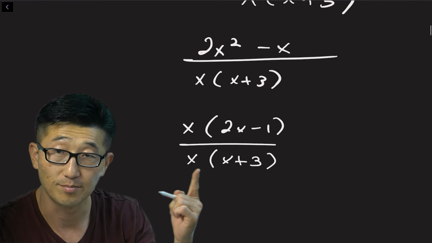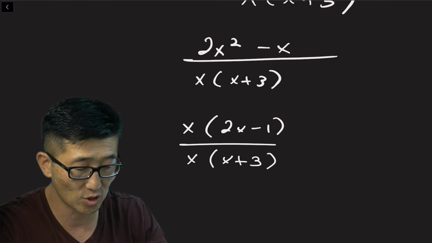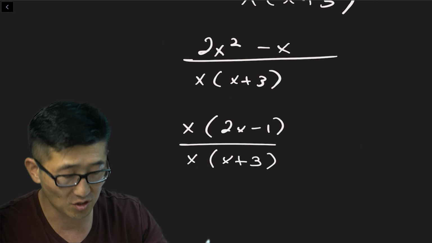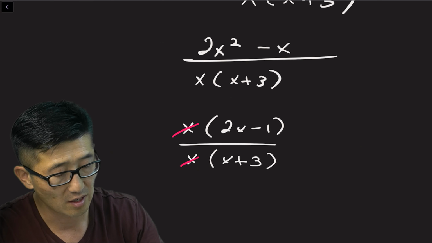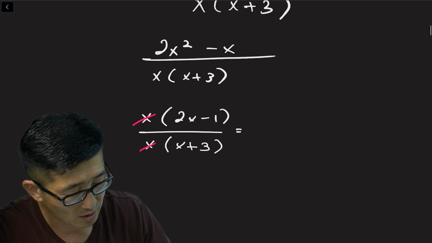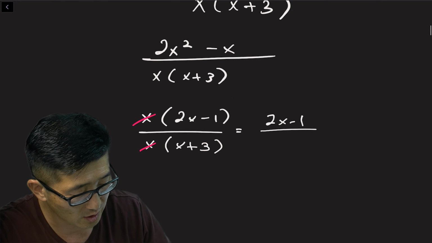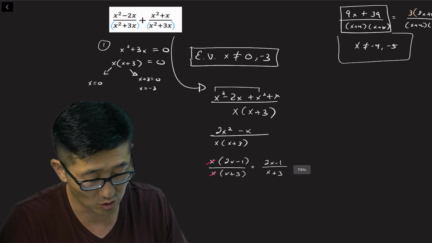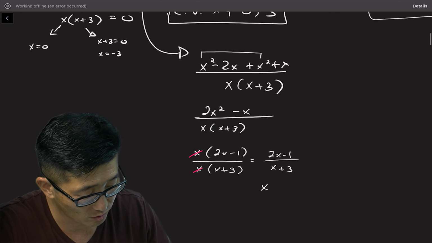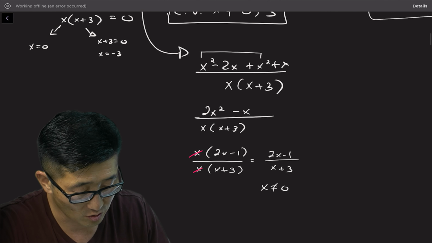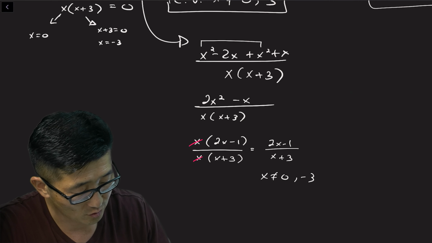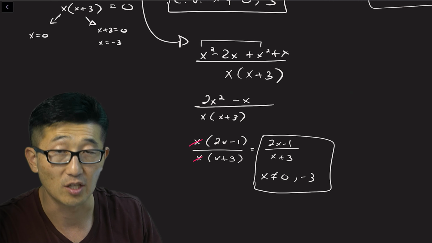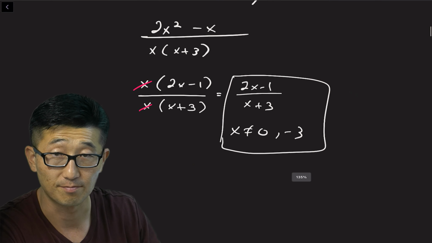And voila, you have the same terms, top and bottom. They're factors and you can cancel them out. And so your final expression will be 2x minus 1 over x plus 3. And again, don't forget your excluded value. x cannot equal 0 and x cannot equal -3. So this right here is your final answer.